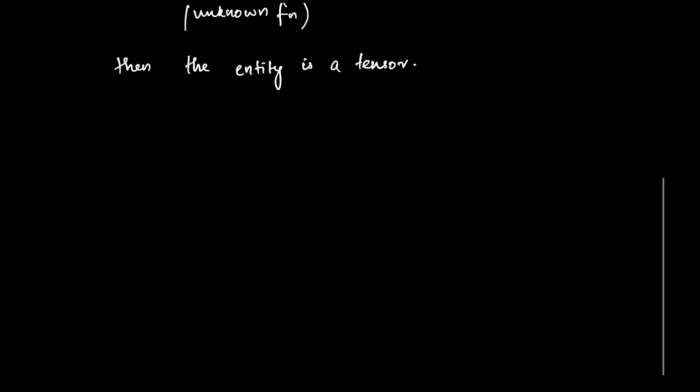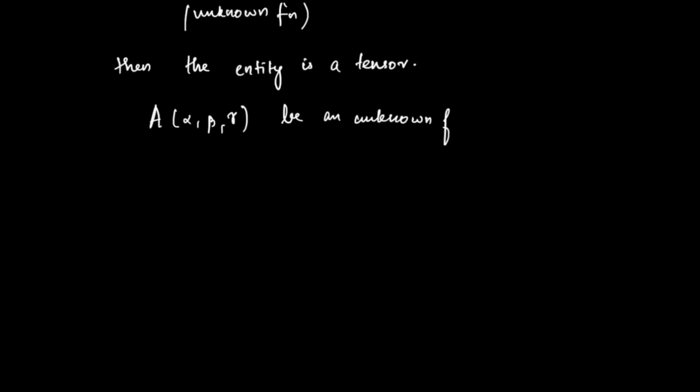Okay, so for example, I am going to take A alpha beta gamma. Let A alpha beta gamma be an unknown function. Then we choose an arbitrary tensor and take the inner product.